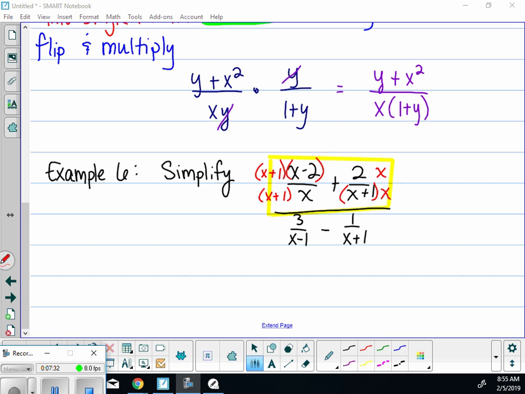So I should probably distribute, FOIL this out. So I'd get x squared minus 2x plus x minus 2 plus 2x all over x times x plus 1.